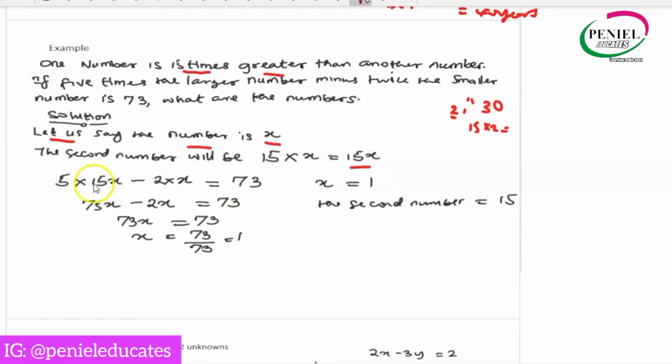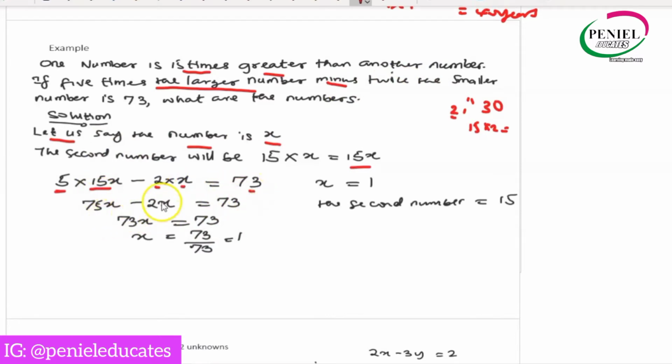Then 5 times the larger number, so this is 5 multiplied by the larger number, minus twice the smaller number, that is 2 times the smaller number, which is x, is equal to 73.